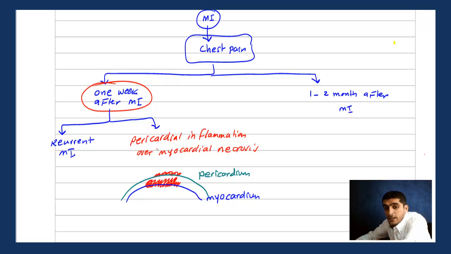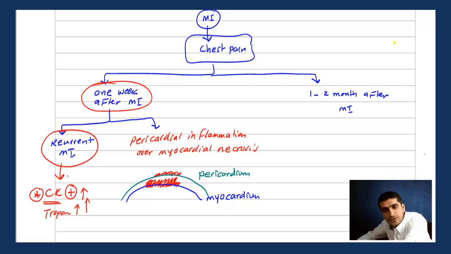There is a lot of differential between it and recurrent MI. Recurrent MI usually will show recurrent positive enzymes. Usually CK, creatine kinase, will be positive, will start to increase. Troponin will start to increase more, also will rise. But CK, there is a trick about that. Hopefully I will have time to tell you about this trick, which is recurrent MI. Whether it's recurrent MI or the same MI, yeah, there is a trick.